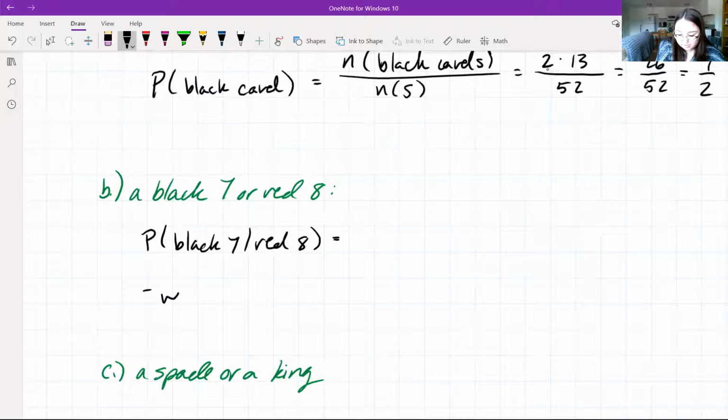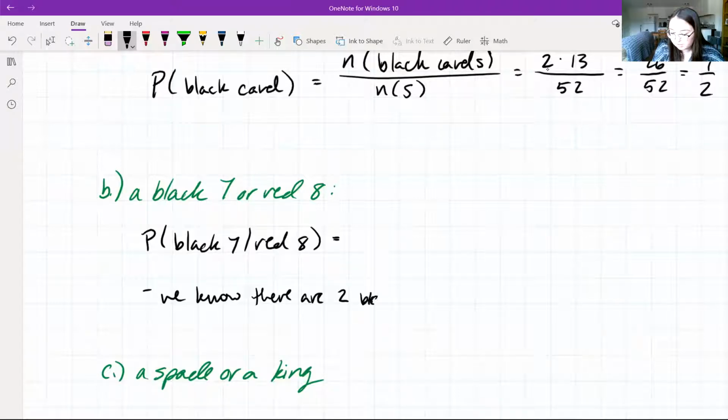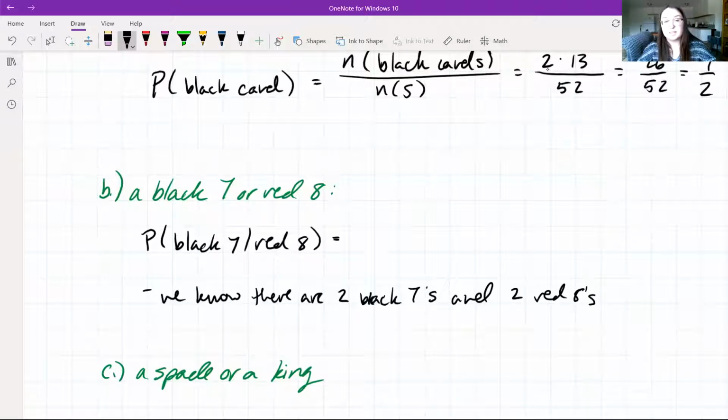We know there are 2 black 7s and 2 red 8s. This is because we know that there's 2 suits of black cards and 2 suits of red cards, so that means that there's going to be one black 7 in each of the suits and one red 8 in each of the suits.